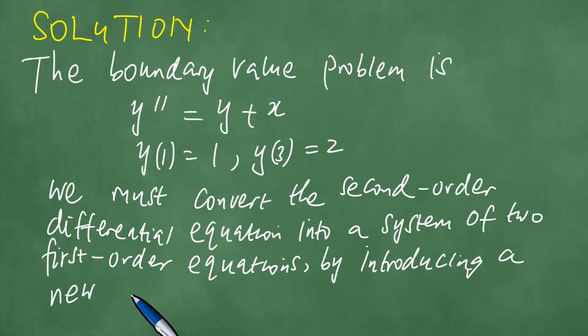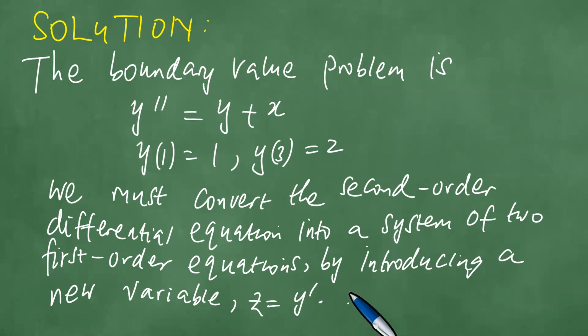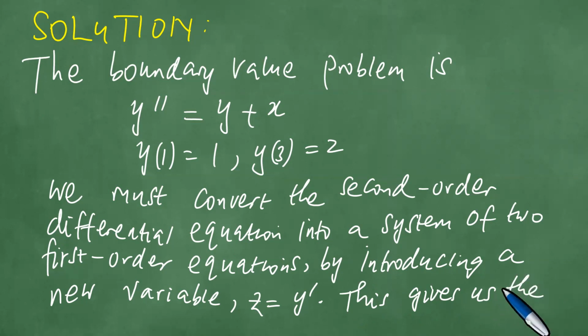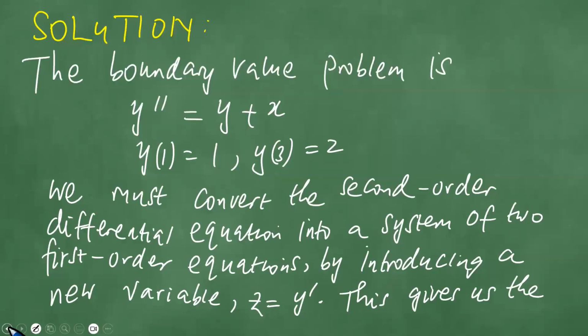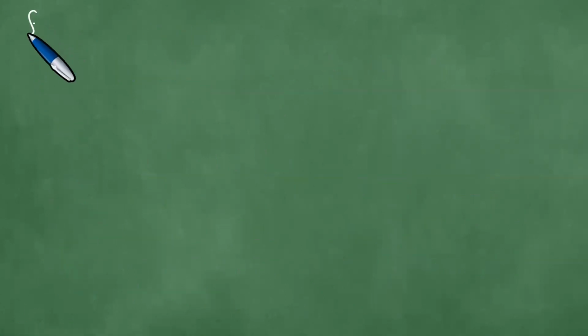The variable is z equals y primed. This gives us the system.